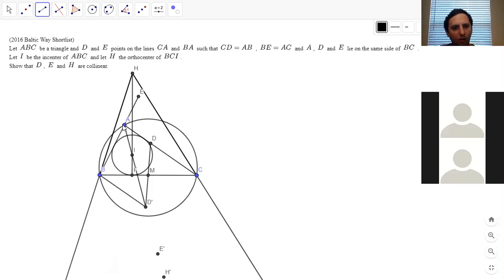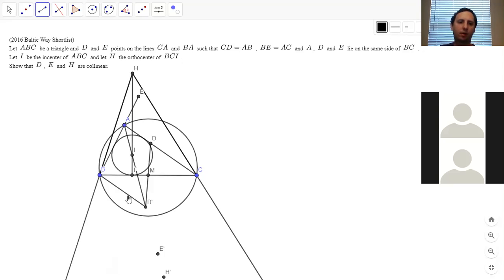Okay. All right. So we have BD prime is equal to CD, which is equal to AD. So angle BAD prime is equal to angle BD prime A. And because of the two parallel lines, we must have angle BD prime A equal to angle D prime AC.